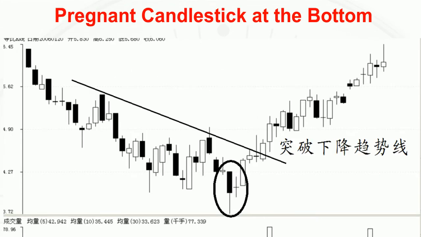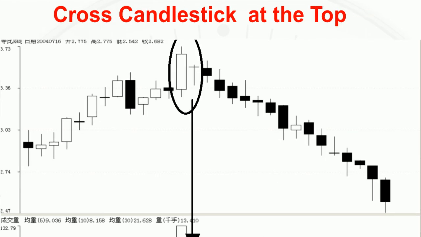And the next one. This one appears at the bottom. The price will continue to go up. So what's the difference between these two candlesticks? The first one, we can see this one has the shadow, right? And this one is a bullish candlestick appearing at the top.